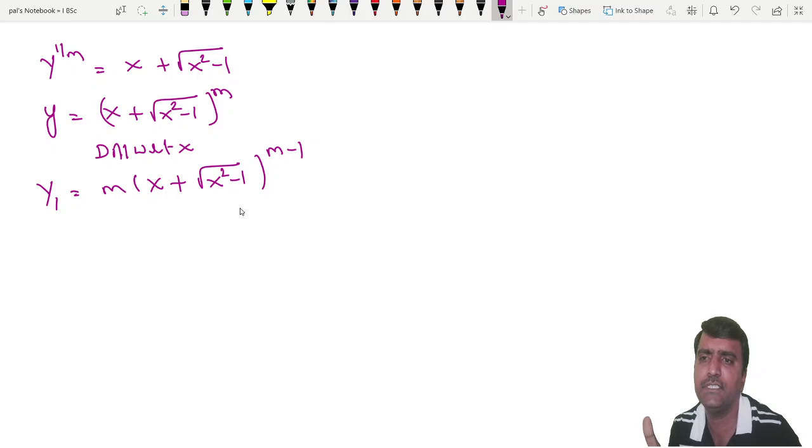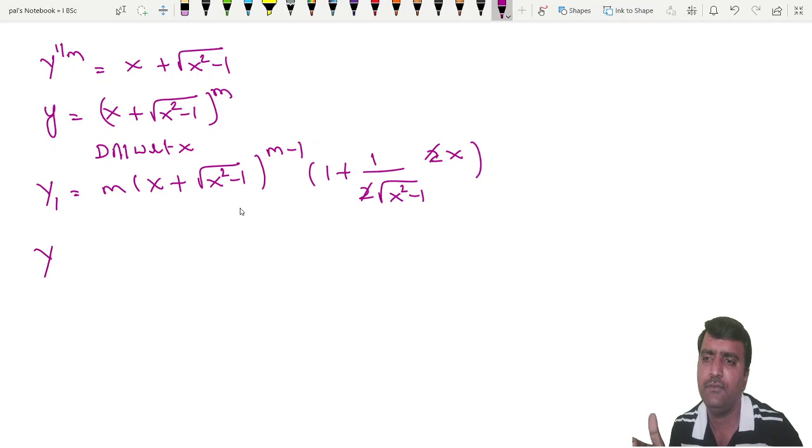Now the differentiation of this inside function, differentiation of x is 1 plus differentiation of root of x square minus 1 is 1 by 2 root of x square minus 1. Again differentiation of x square minus 1 is 2x. 2 cancels.